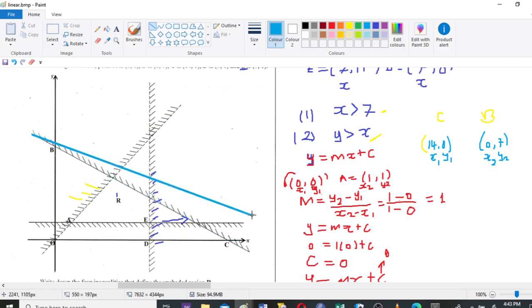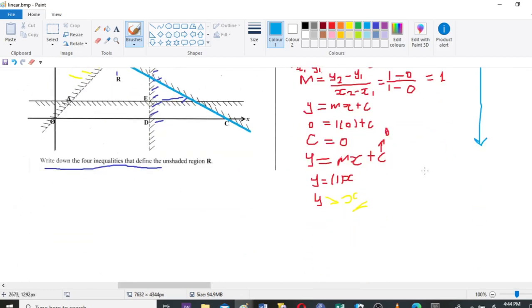Now one thing you have to take note of is that this line is not broken. So we can again follow the same procedure here. Let me save it down here.